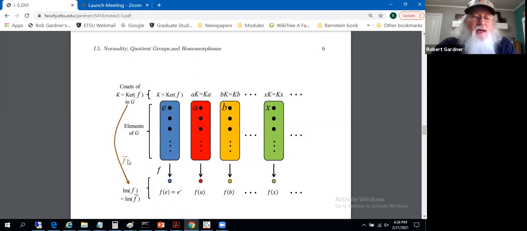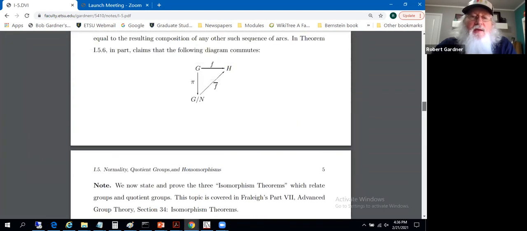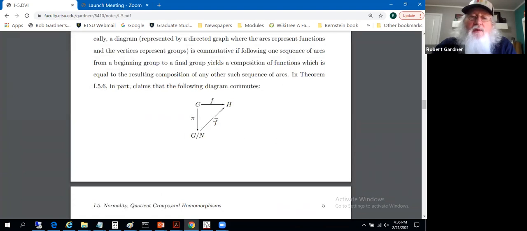Now, the F bar was produced by a composition; we had a diagram that indicated that back here. F can be thought of, how does our diagram commute here? F can be thought of as the canonical epimorphism pi followed by F bar.